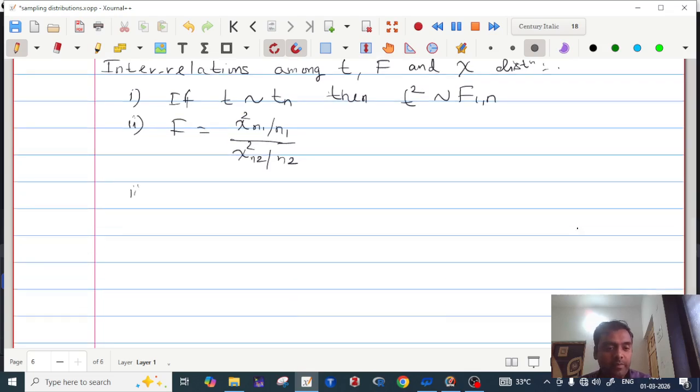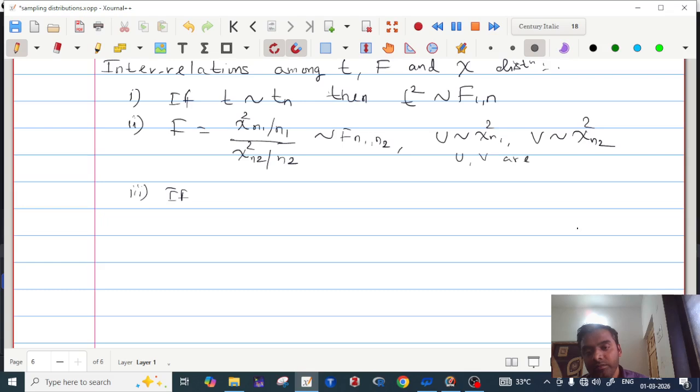Third one is: take U as chi-square with n1 and V as chi-square with n2, where U and V are independent.